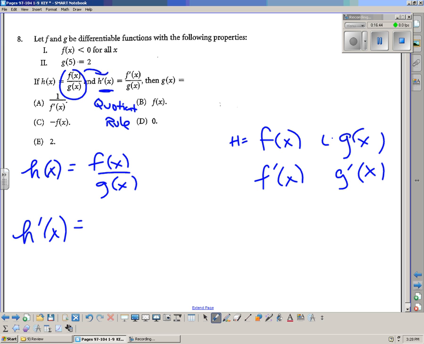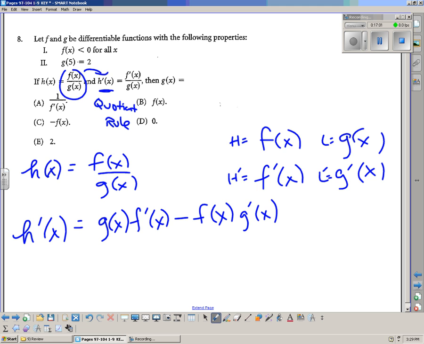High, low, high prime, low prime. Low d high is g of x times d high, which is the derivative of f, minus high d low, which is f of x times g prime of x, all over low squared, which is g of x squared.